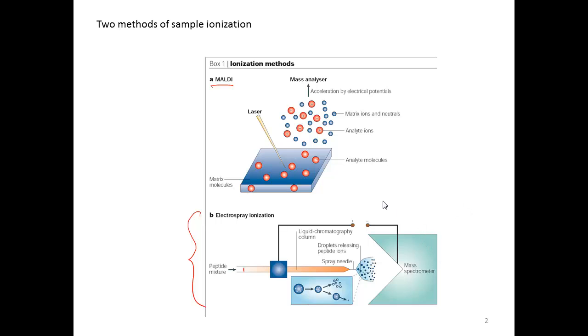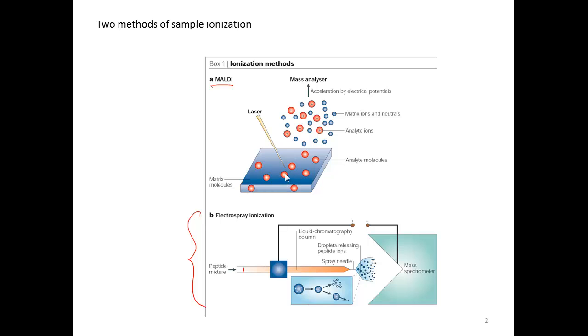Now the Maldi method, which stands for Matrix Assisted Laser Desorption Ionization, the laser is going to come in, it's going to blast a matrix molecule, and your peptide ions are the analyte molecules, mixed in with the matrix molecules, so that when a high intensity laser is directed towards the surface, it's going to heat the surface up locally a great deal.